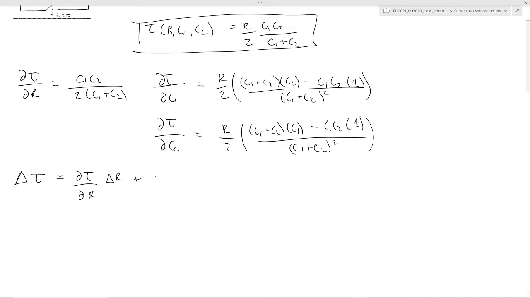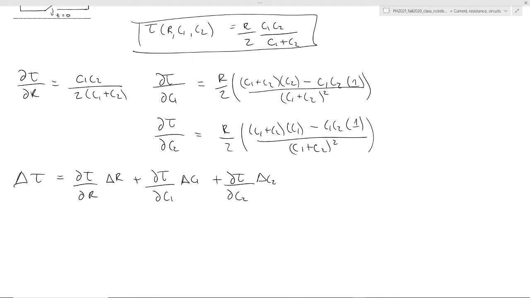And you can think of this as, these partial derivatives tell you the slope along these different dimensions in this three-dimensional space. And so if you want to find out how the whole function changes as you change R, C1 and C2, what you do is you multiply a little step, these delta R's and delta C's, times the slope along each of those dimensions.